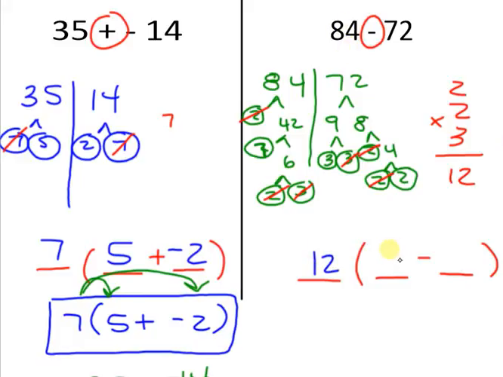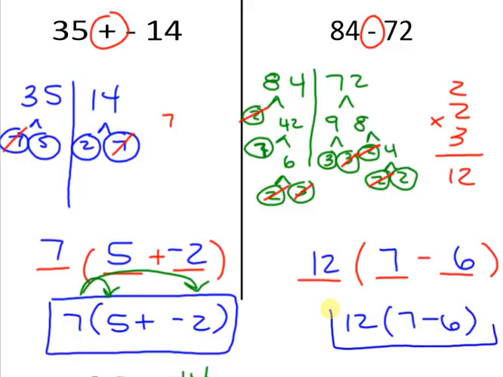84 divided by 12 is 7. 72 divided by 12 is 6. Nope, that's not right. Sorry, 6, not 5. There we go. Okay, write it in a little cleaner method.